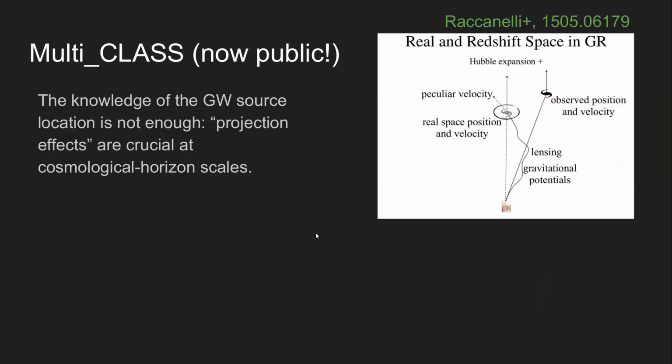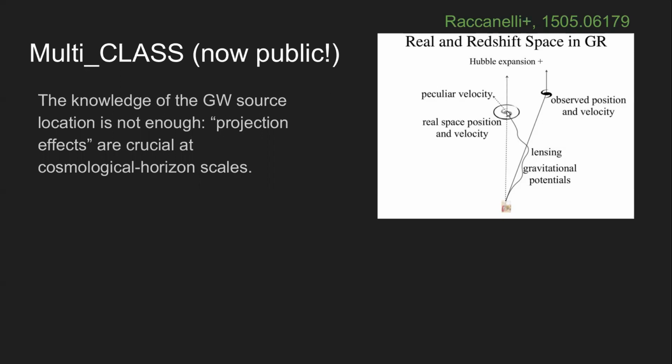And the crucial point is that this code allows you to take into account what are called projection effects. Projection effects are physical effects that manifest themselves especially at large scales. They encode a series of characteristics of both your source and the propagation of your signal across a perturbed cosmological background. So, as you know, your objects live in galaxies.